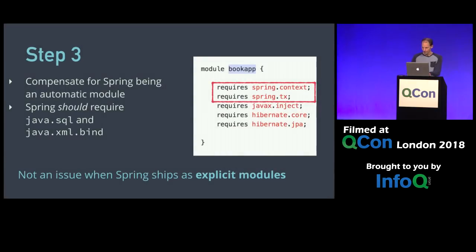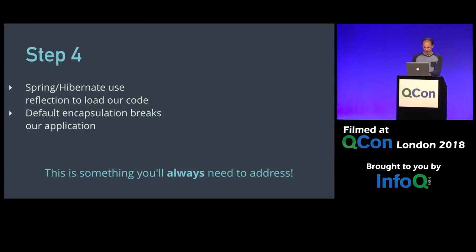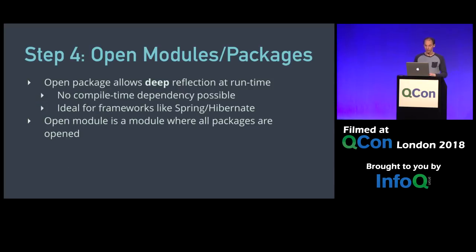Now, this default encapsulation break that we talked about with open packages, this is, like I said, not something that's a real low-level technical issue. This is really about, okay, so what do you really want to expose from your module to the outside world? This is something that you should think about.